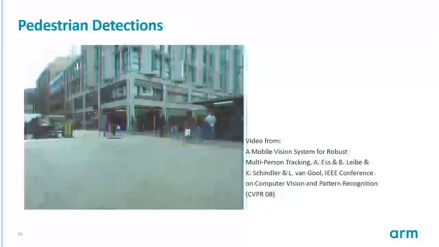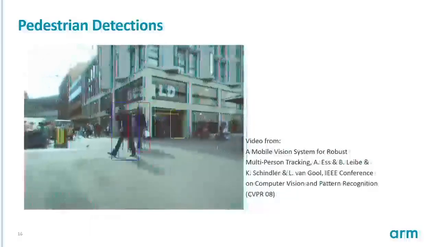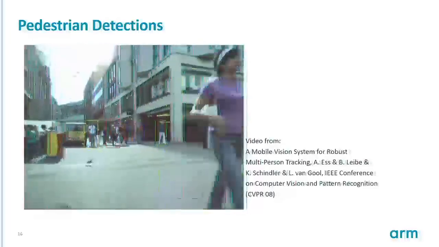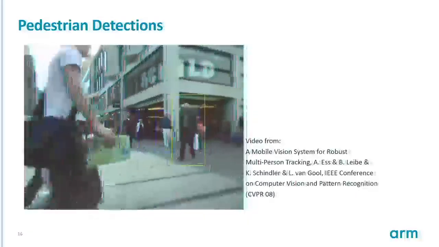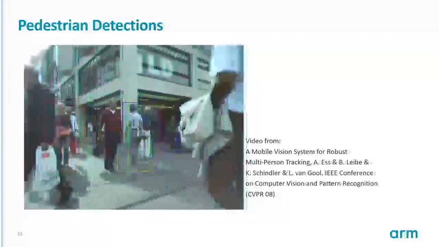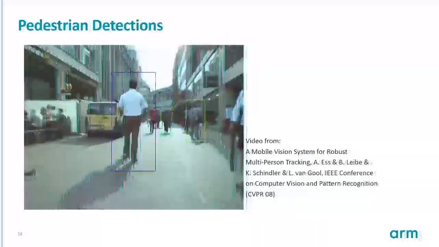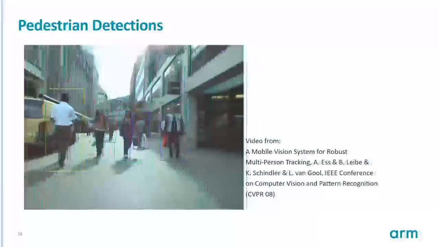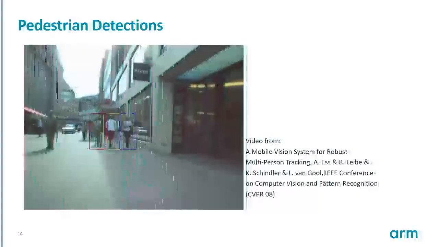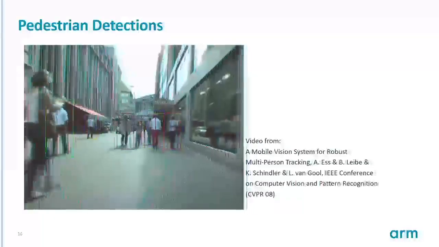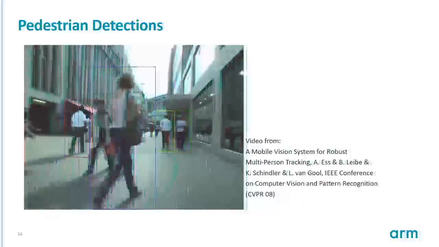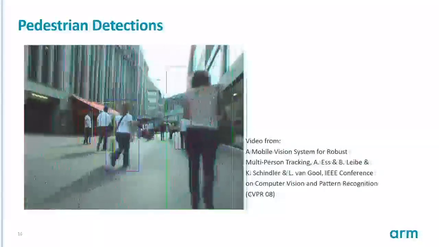I'm going to show you what something like this looks like, and this is terrible because of the projector. So I can only apologize. But what you'll see is people walking around, and sometimes they're detected, occasionally they're not. Sometimes something that's not a person is detected. But I don't care too much, because I can throw that away.